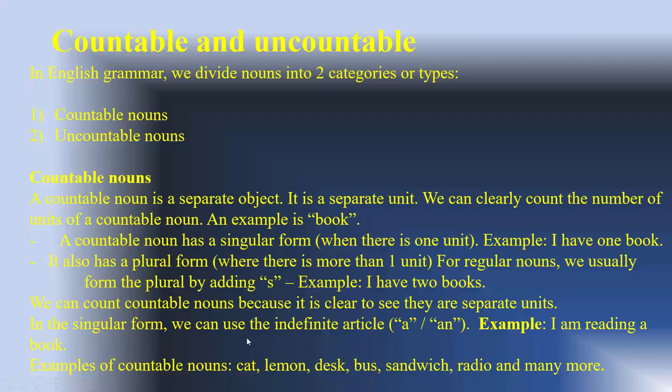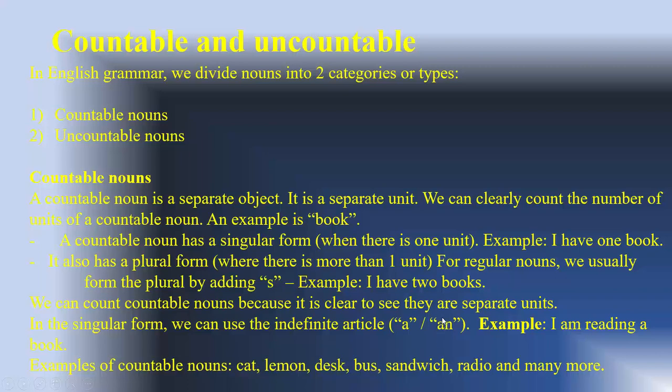In the singular form, we can use the indefinite article a. For example, I am reading a book. So use a and an before a single thing. A friend, a cat, and so on.